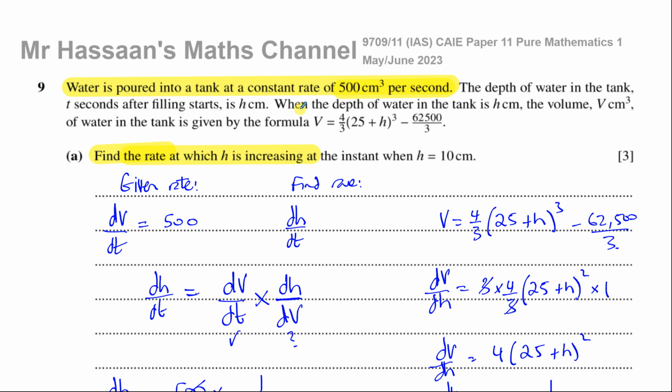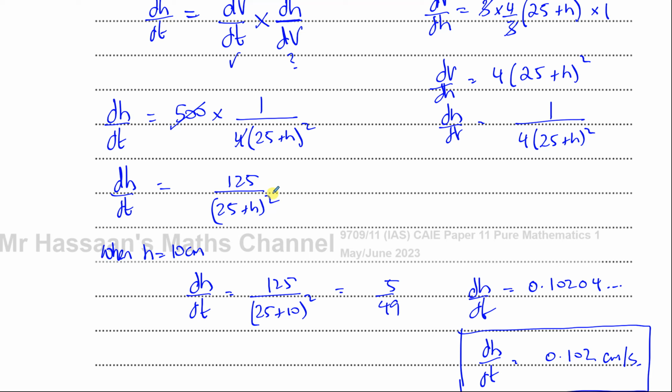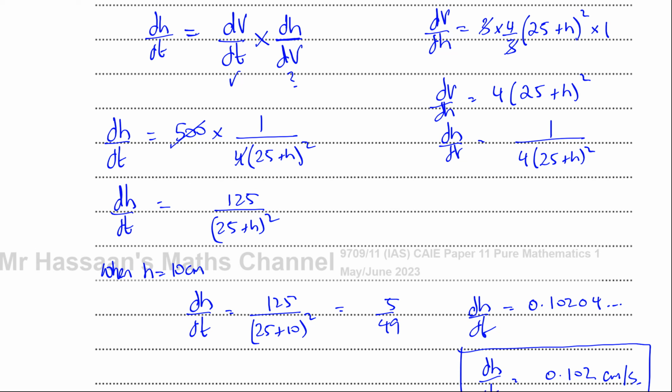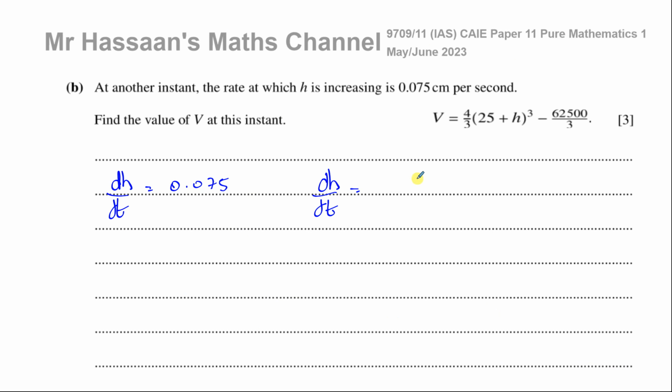And dH/dt is in terms of a formula. We've got a formula for dH/dt, which is 125 over 25 plus h squared. So what we'll need to do here is find what the value of h is when dH/dt is equal to this amount, because the value of h is changing as water is going into the vessel.